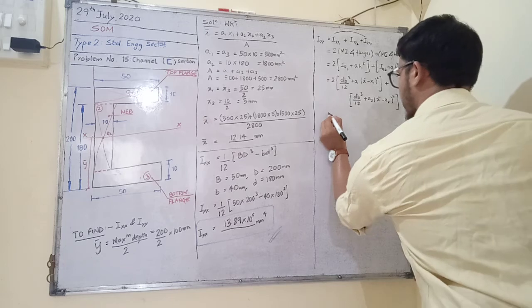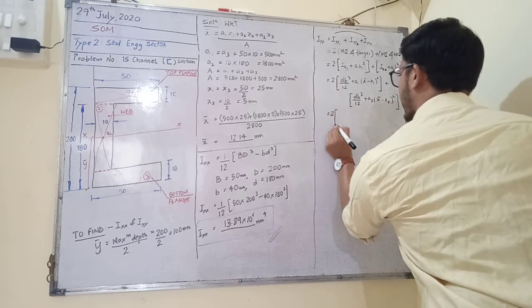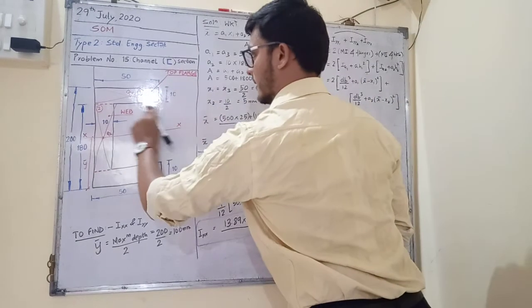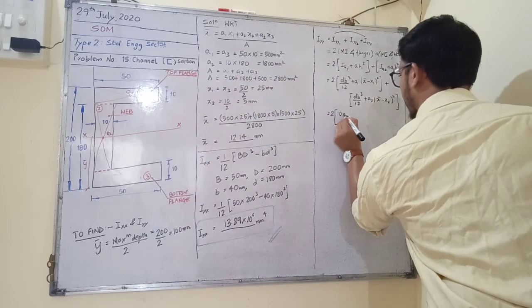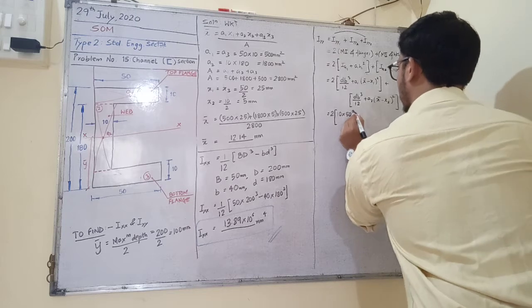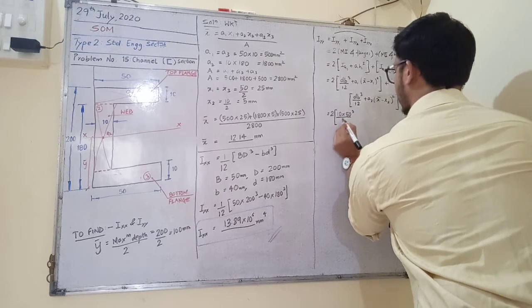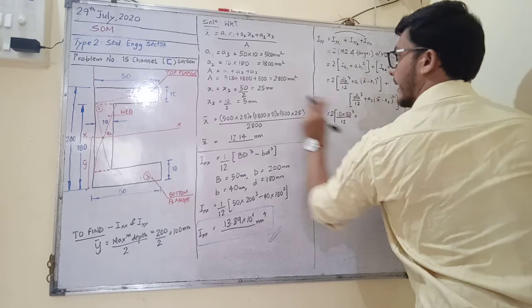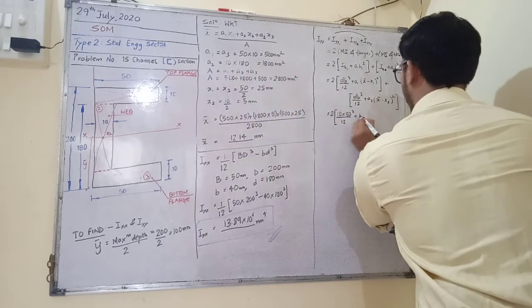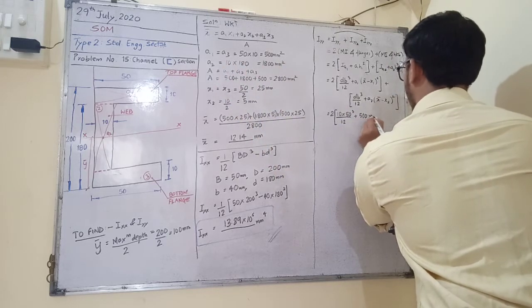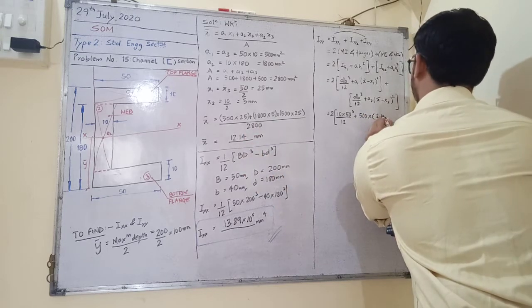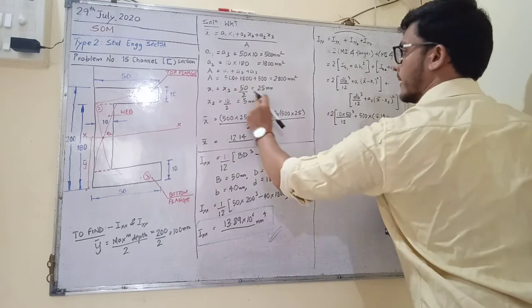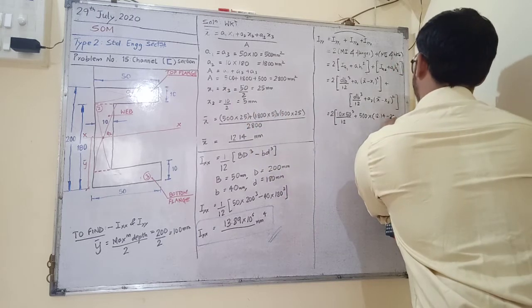So I am substituting now. 2 times, for the first rectangle, D is 10 and B is 50. 10 into 50 cube divided by 12, plus A1 is 500, into x bar 12.14 minus x1 25, the whole square.